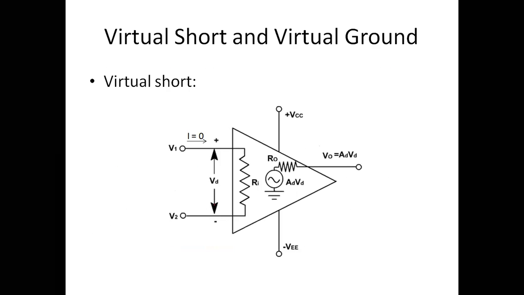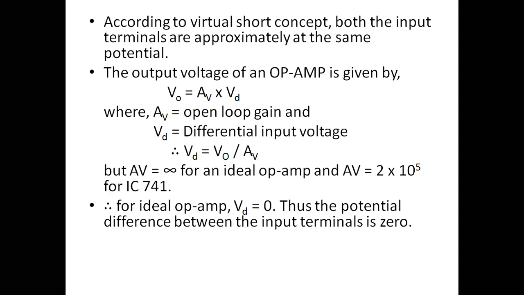So what does virtual short mean? If we are giving the input at the inverting and non-inverting terminals, the input terminals are approximately at the same potential. If we take V1 equal to V2 equal to V, all having the same value according to the virtual short concept, then the output voltage will be equal to AV into VD.